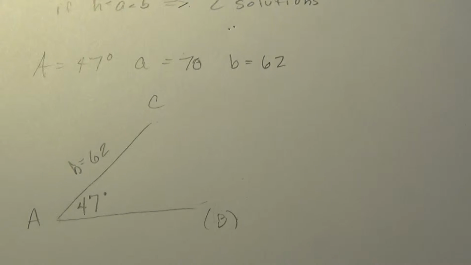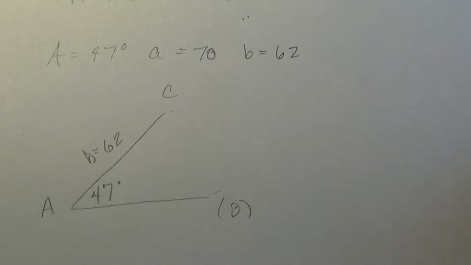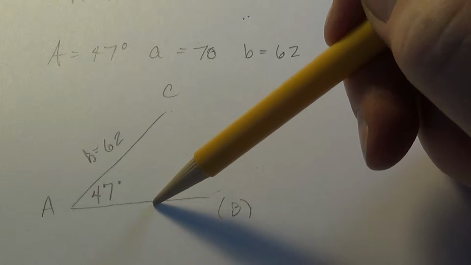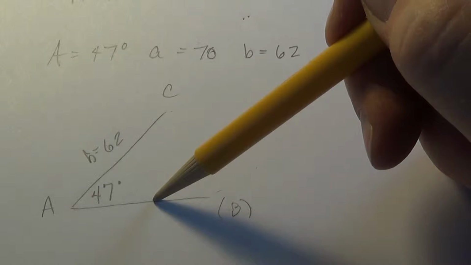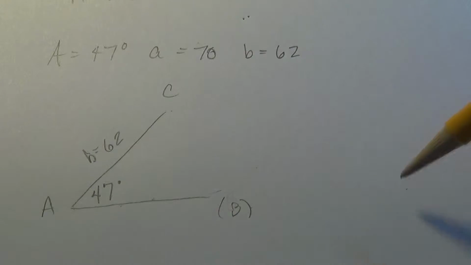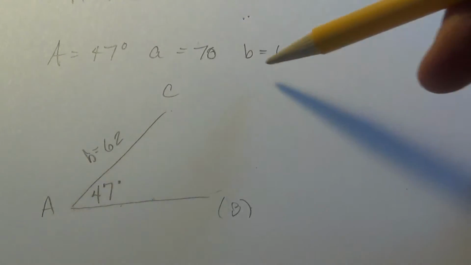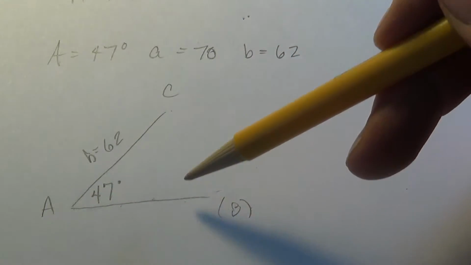Angle B might stop down here, up here, way over here. So B is somewhere, because I haven't told little c, so I don't know how long this side is.